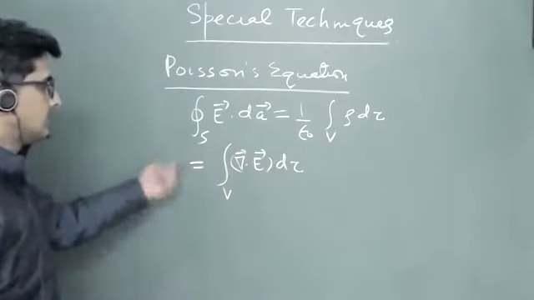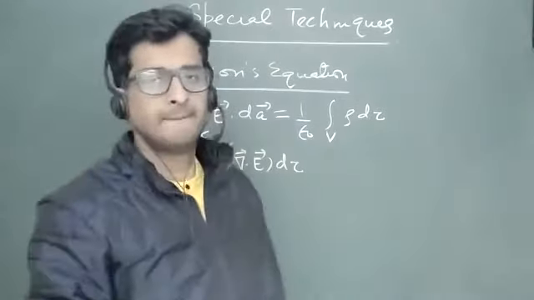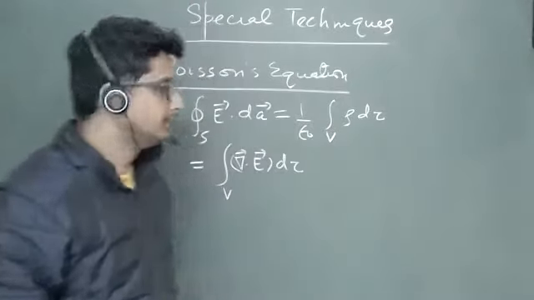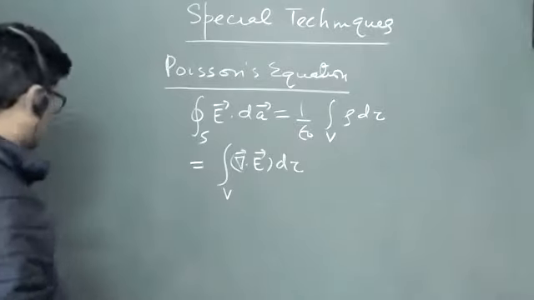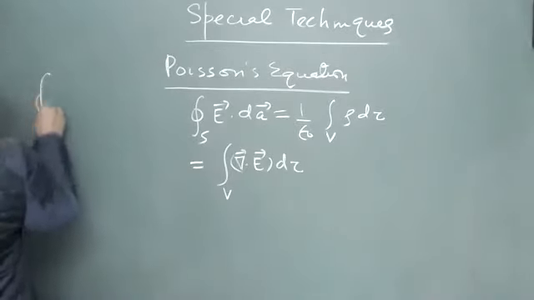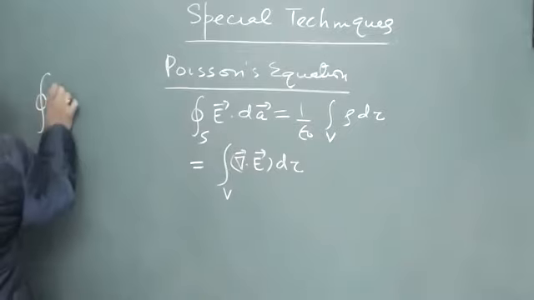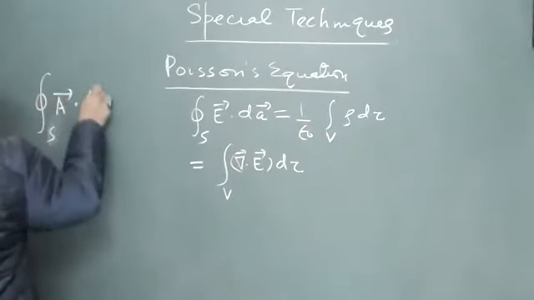So this surface to volume conversion can be done by which theorem? Gauss divergence theorem. So for any vector, you can take any vector A and dot any surface ds.